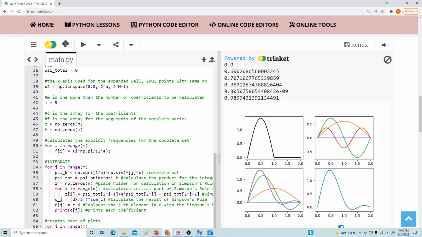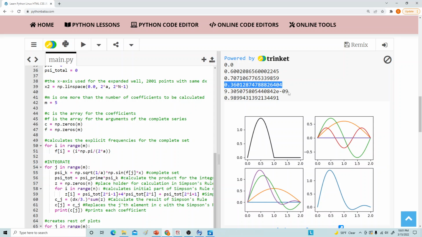This is the coefficient of the green, of the n equals 2 function, or the first excited state. This is the coefficient of the red, or the second excited state, and so on.